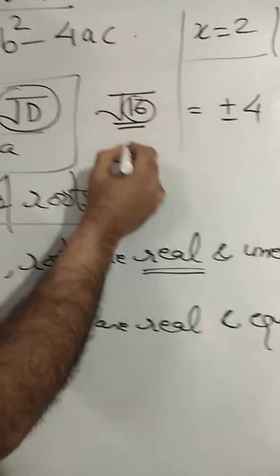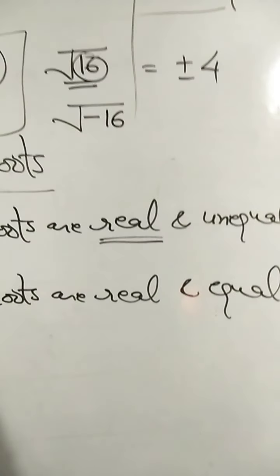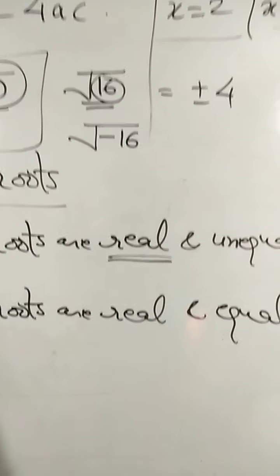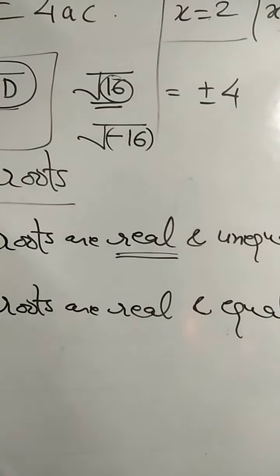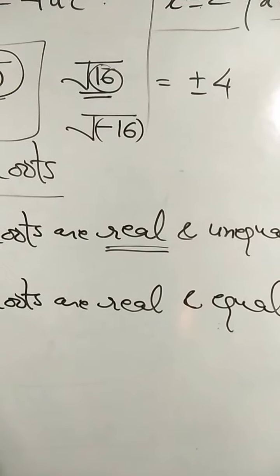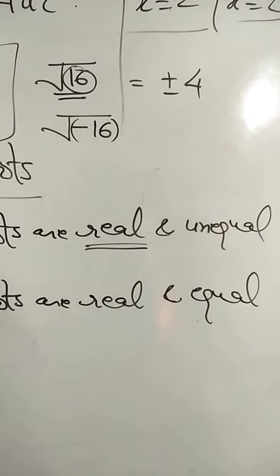Now if I am asked to find the square root of minus 16 in the real number system जो हमने अभी 10th तक पढ़ा हुआ है, in this case क्या मीनिंग है इसका कि finding such a number whose square is minus 16, and you know one thing always कि square कभी भी negative नहीं होता.